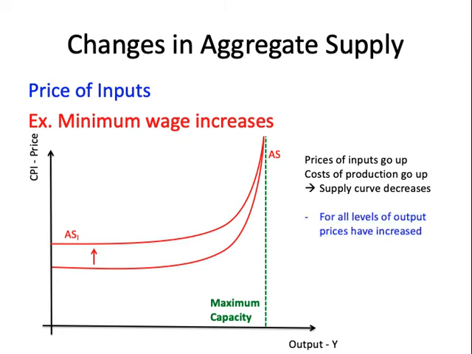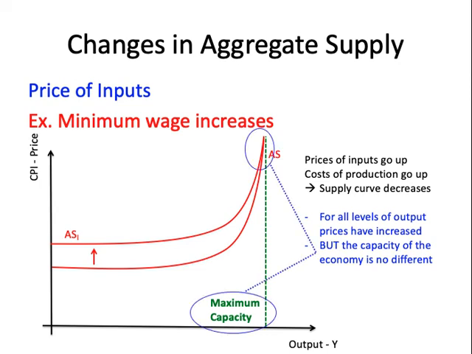So for all levels of output, prices have increased because minimum wage has increased. And this could be minimum wage, it could be cost of capital, it could be cost of anything really, cost of natural resources or the factors of production. Prices have gone up, but capacity is no different, right?